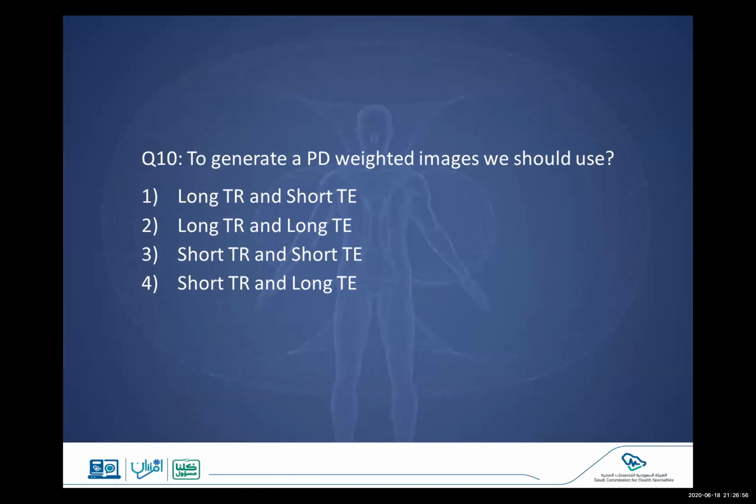So this question: to generate a proton density weighted image, we should use which of the following: long TR and short TE, long TR and long TE, short TR and short TE, or short TR and long TE. Which one do you think is the correct answer?